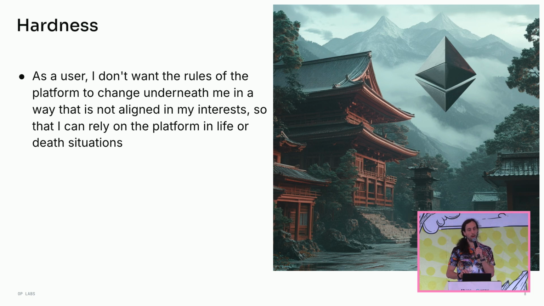So this property of hardness lets you understand the way that the platforms or your counterparties are going to act and have transparency into that, so that you can rely on them more. And you don't need to worry about being deplatformed or the platform changing its rules in some way that isn't aligned with you.